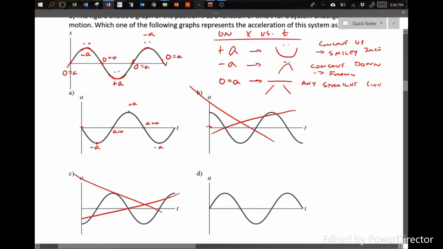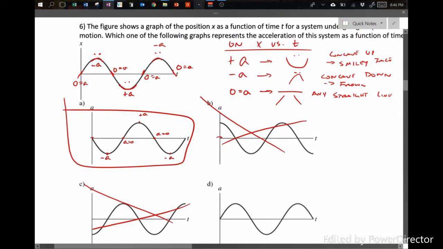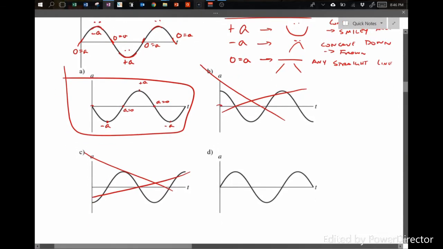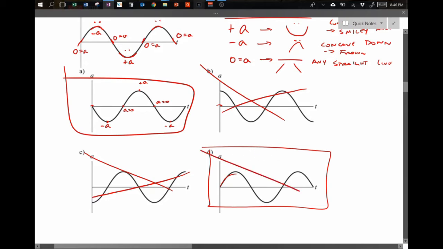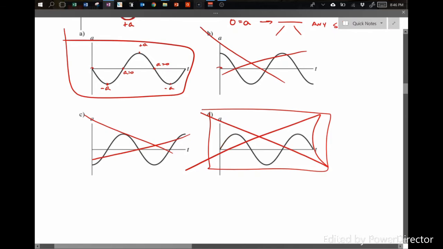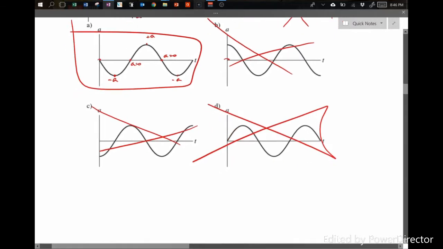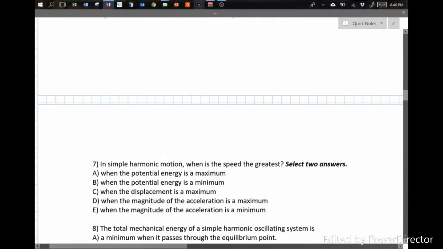Down here, it's negative acceleration. That matches what we were doing. Part D does not. It shows me positive acceleration. It's a repeat of what's going on. So D is not correct. D is out. Correct answer for that one is A.